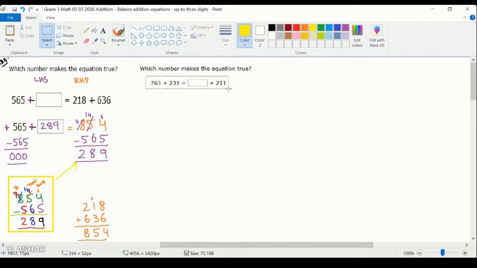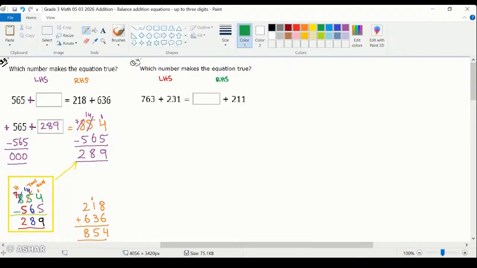And in question number 4, this is the equation that is given to us. So we say that this is the left side and this is the right side. What about the answer?